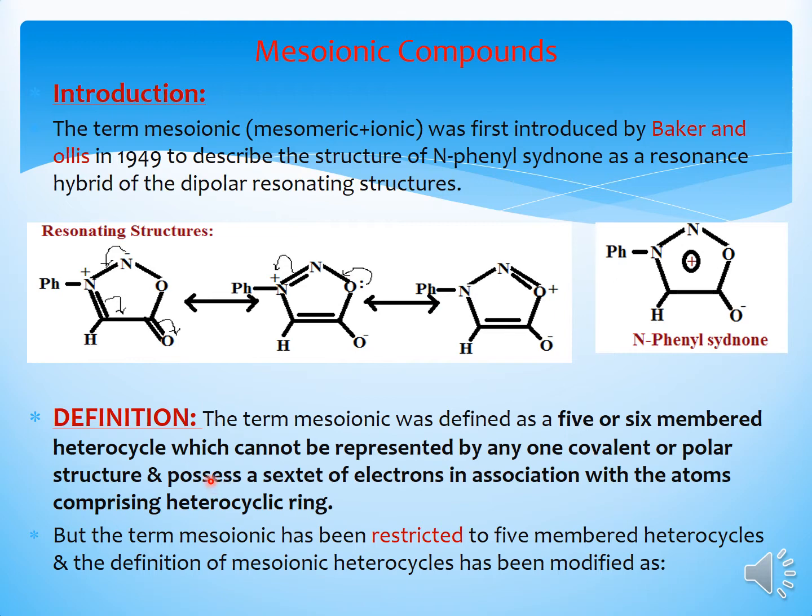When they ask you, you have to write this definition and then that definition as well. First, the scientists said it is 5 or 6 membered, which cannot be represented by any covalent or polar structure, and possesses a sextet of electrons comprising the heterocyclic ring.